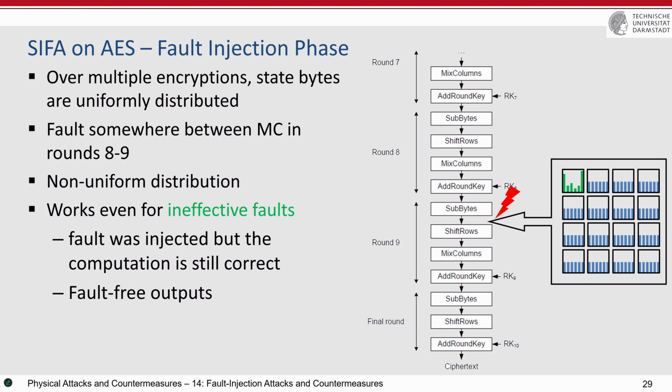But then we look only at ciphertexts for which the fault was ineffective, and we put them in a group. Then we compute this backwards by guessing the round key here. We look at the distribution of one column, because of this mixed column here.